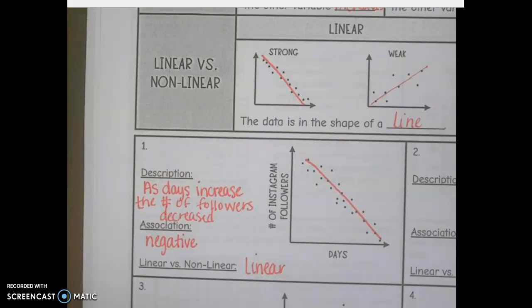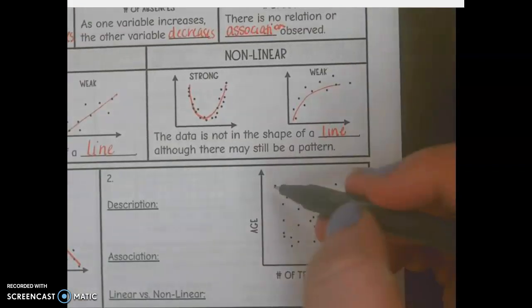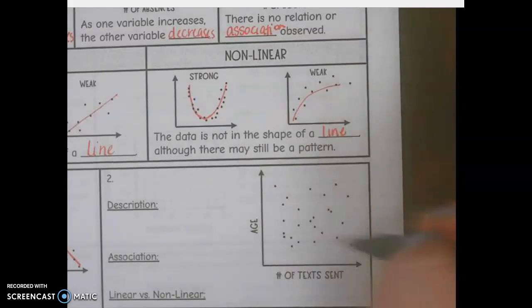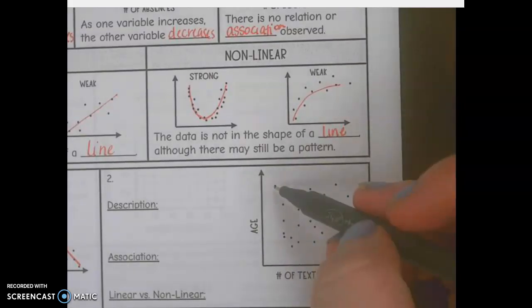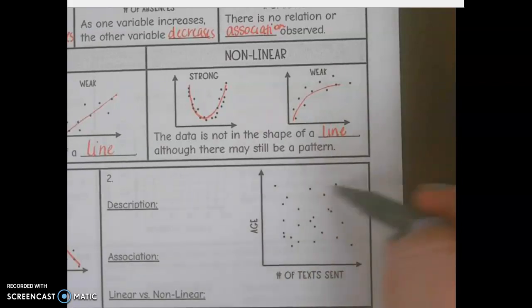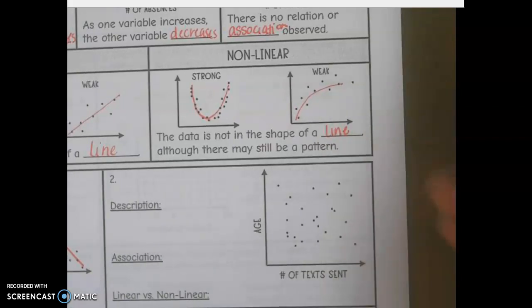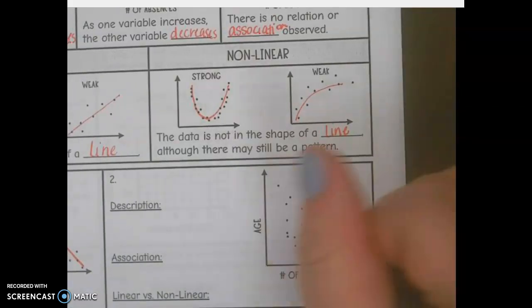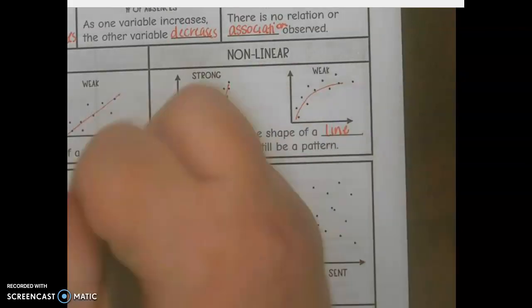All right, let's look at number 2. So here we have the number of texts sent and their age. It looks like there might be a 40-year-old here, but there might be a 40-year-old over here too.